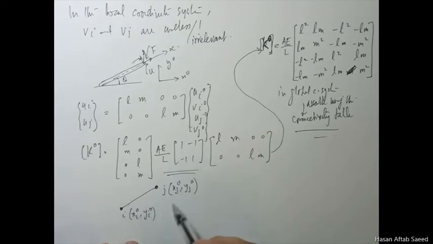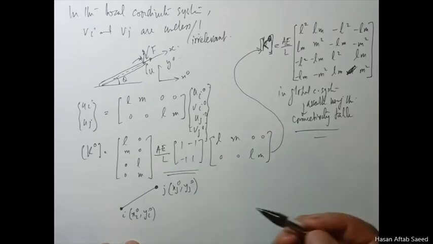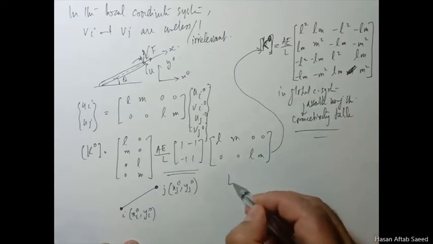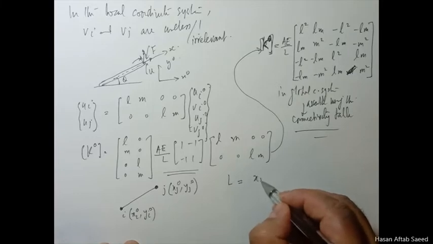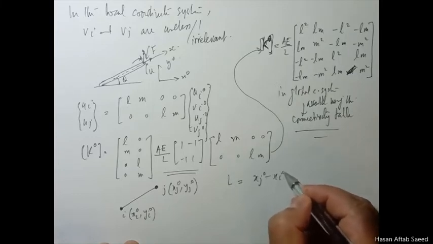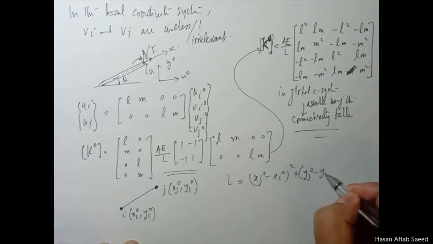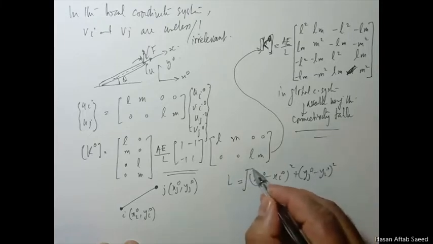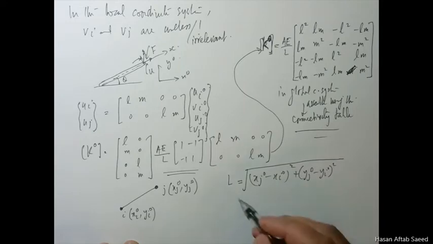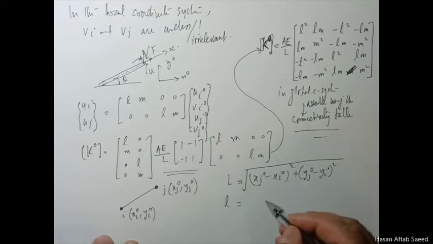Once you write them in this form, then the length of the element is nothing but, simple trigonometry will tell you that, and L and M are even simpler.